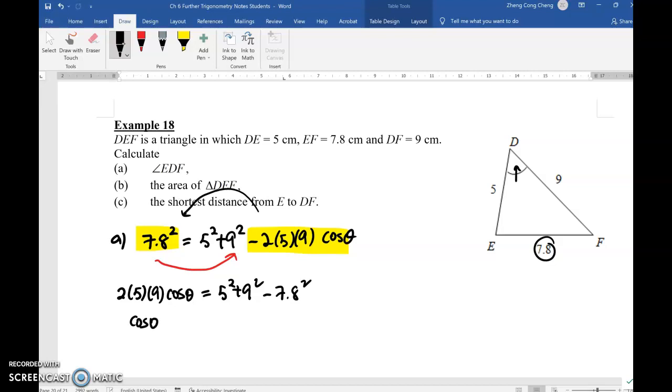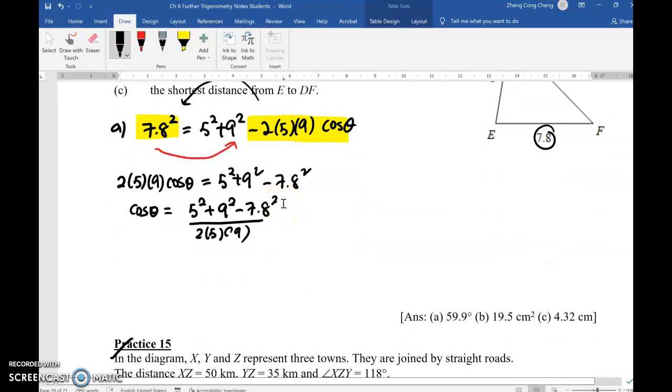So cosine theta will be 5 squared plus 9 squared minus 7.8 squared over 2 times 5 times 9. So theta is cosine inverse, 59.9 degrees, 1 decimal place.